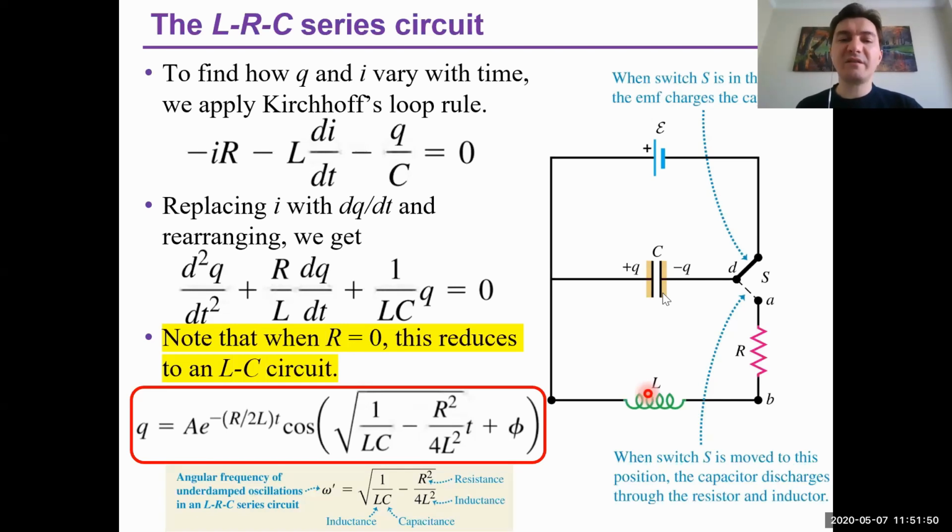So now we will see that. In the LC circuits, the angular frequency is just given by that term, but in LRC circuits, we have this additional term due to the resistance. If the resistance is zero, then this term goes to 1, and the equation goes to LC circuit.